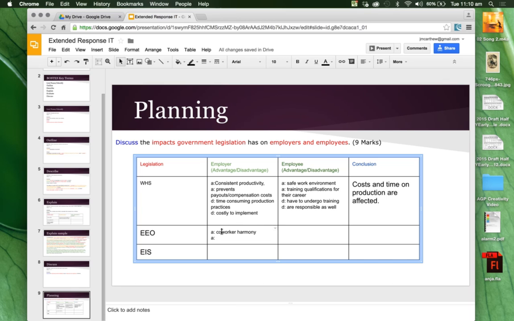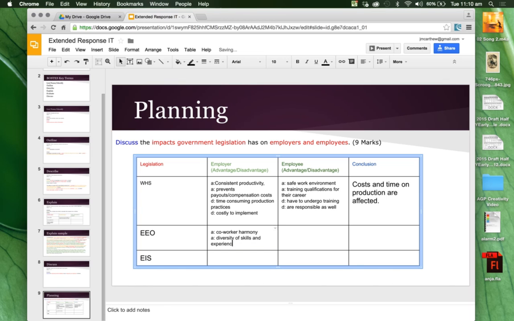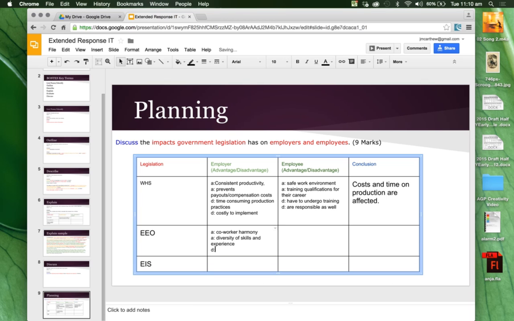Should put a, there we go. It's another advantage for employers. More diverse. Diversity of, yeah. Yeah, absolutely. Disadvantages?